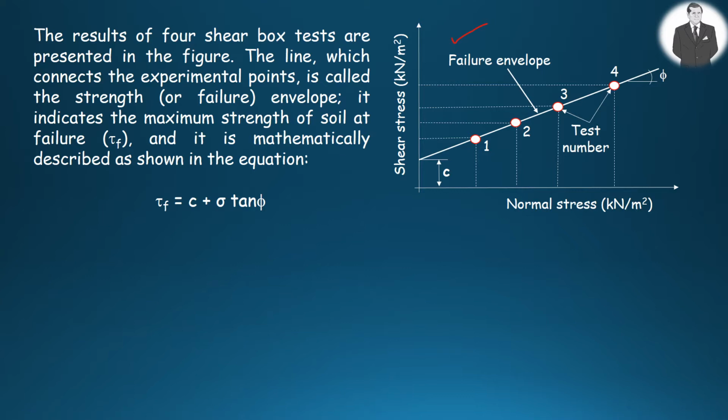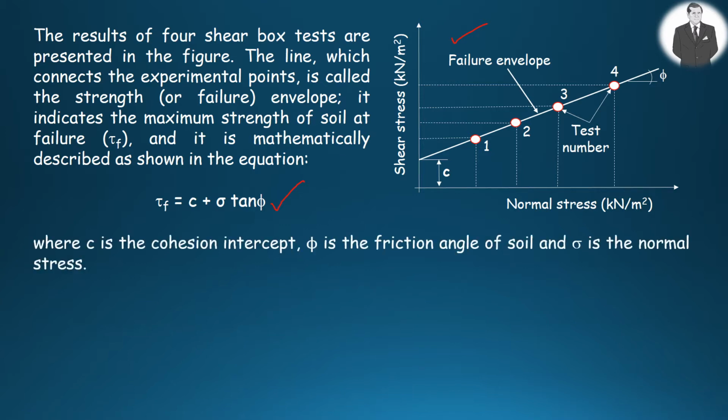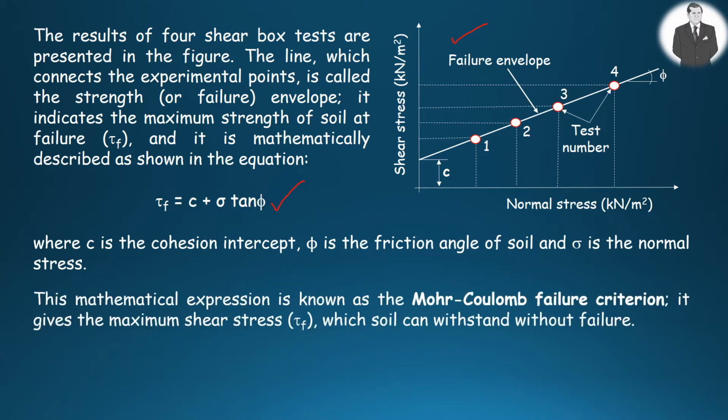The line which joins the experimental points is named the strength or failure envelope, as you know. It shows the maximum strength of soil at failure, and it is mathematically defined as shown in the equation. In this equation, c is the cohesion intercept, phi is the friction angle of soil, and sigma is the normal stress.